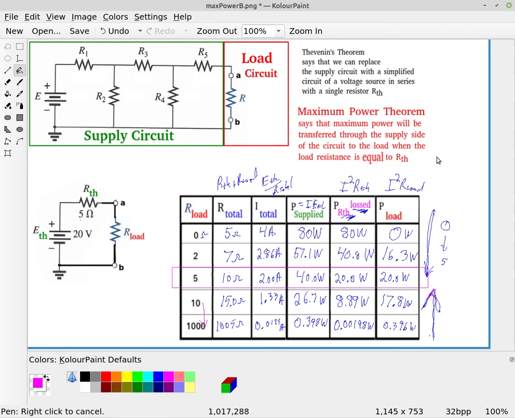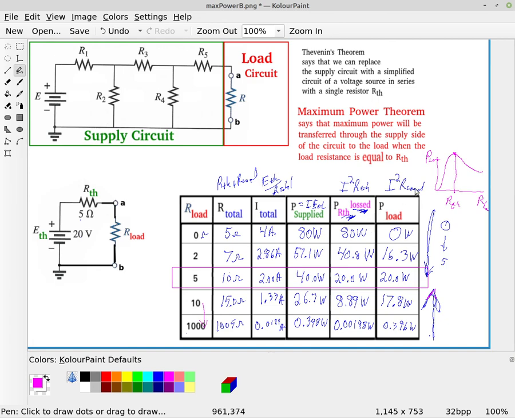So if we plot this, the power to the load versus the resistance of our load, we end up seeing a plot that looks something like this, where the maximum power occurs at our Thevenin resistance.